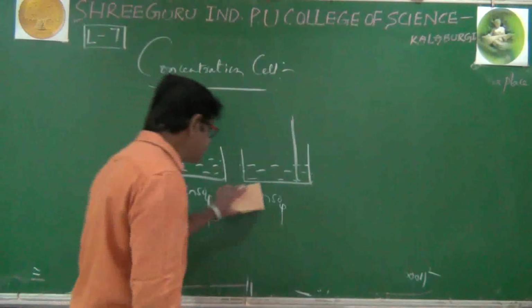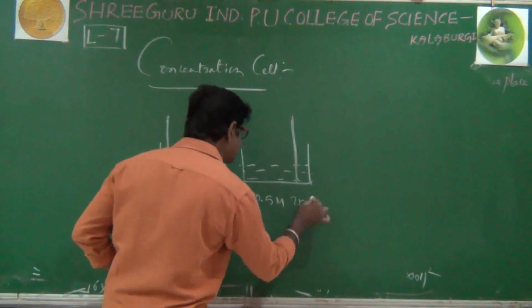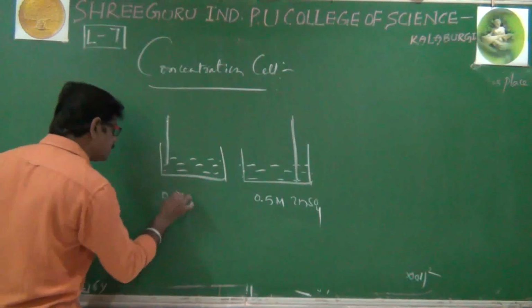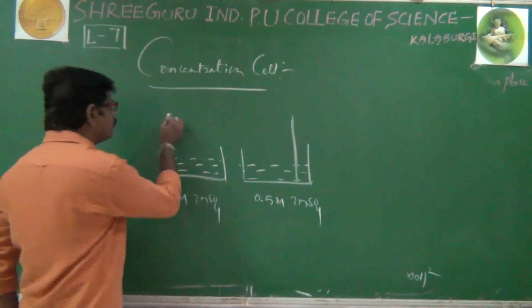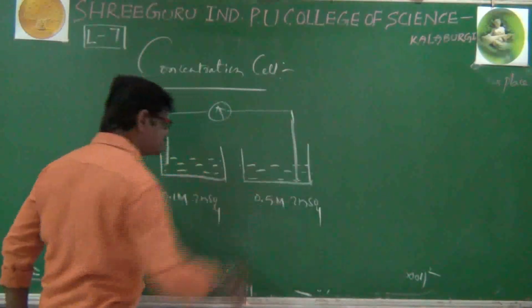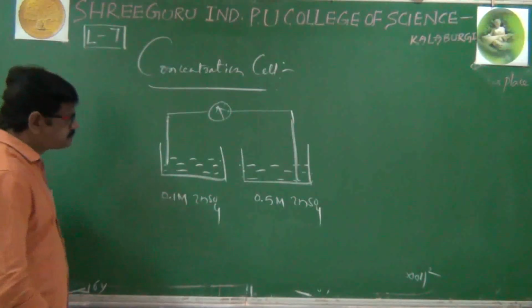Write clearly once again: 0.5 M ZnSO4 is on the right side, and 0.1 M ZnSO4 is on the left side, and both electrodes are connected as it is, and ultimately the story is as it is, no difference.